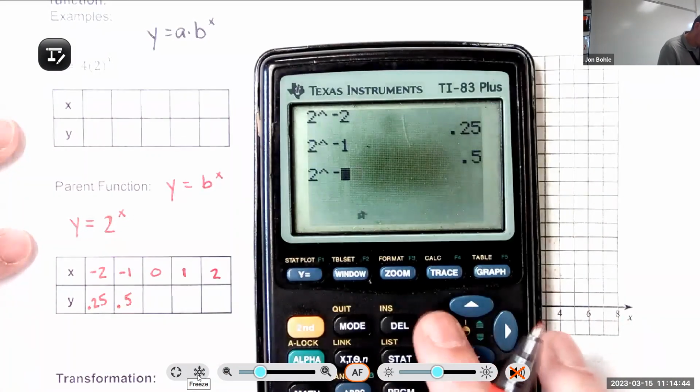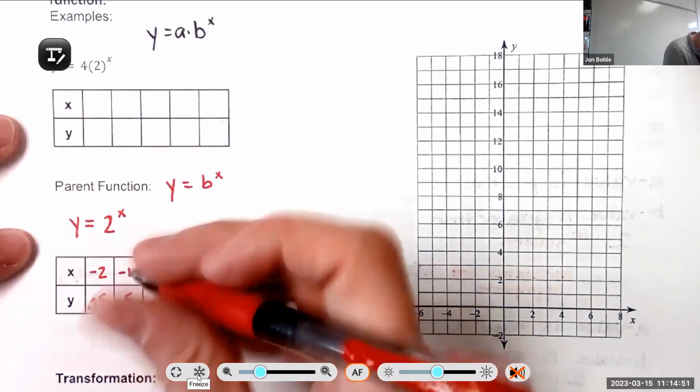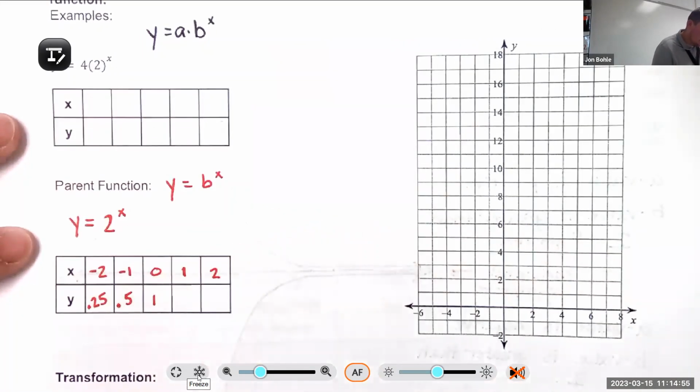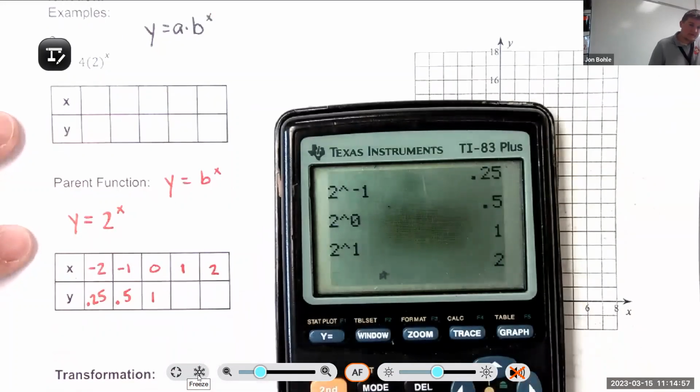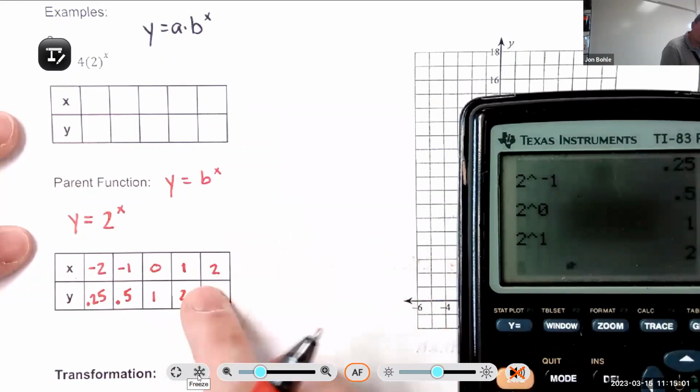Same thing. 1. 2 to the first power, it's 2. And then the next one, 2 to the second power.